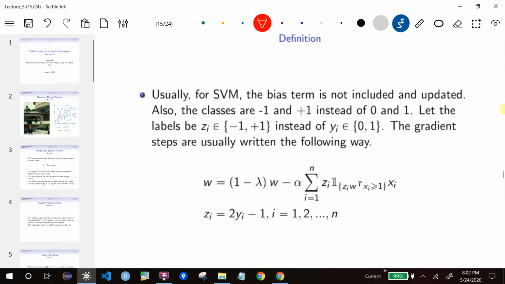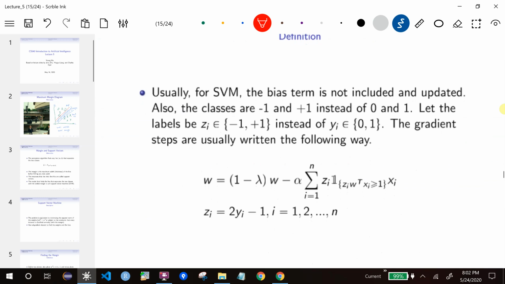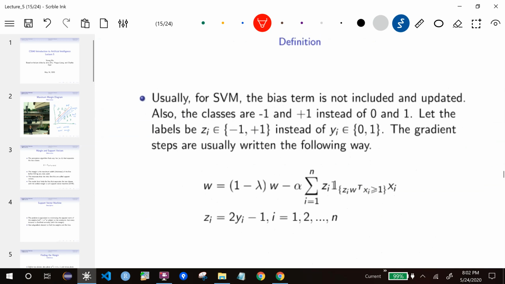There is one thing I do want to talk about. In practice, when people actually try to solve this, we usually do not include the bias term, so we only have the weights, and we label things as -1 and +1 from the beginning.